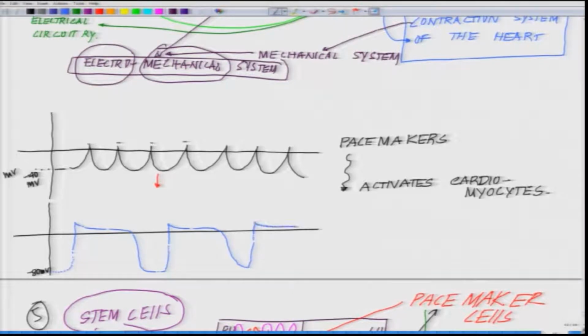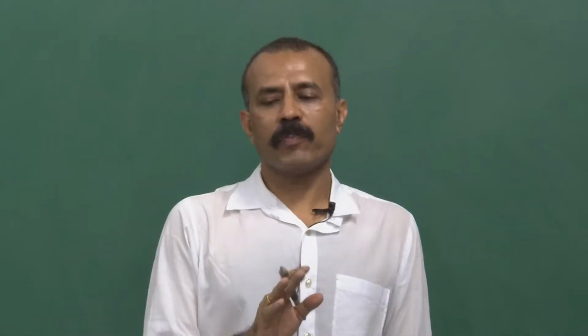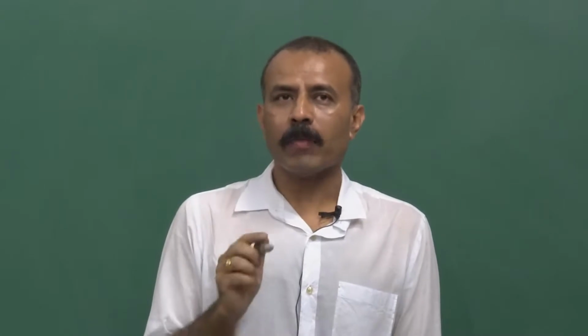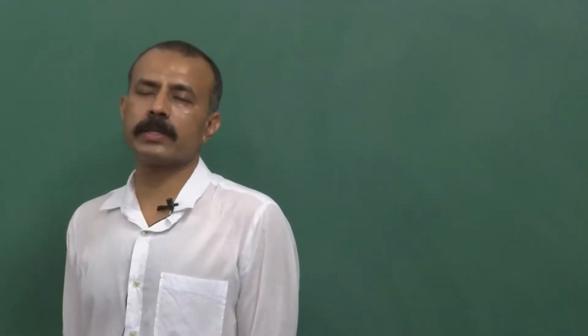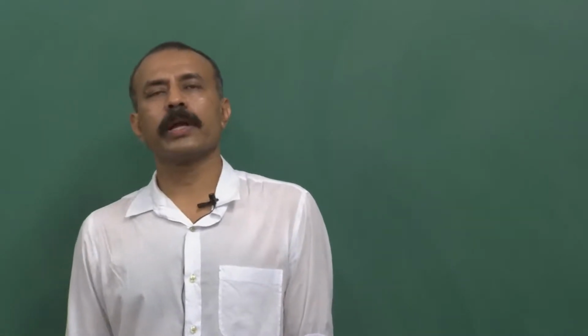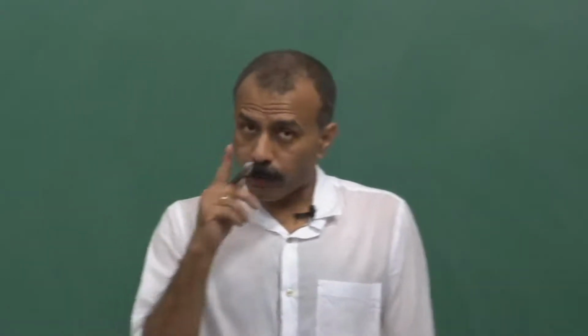Actually, if you follow me, the gap I have shown should actually be like this. Okay. So if you look at the shape of the action potential and from what resting membrane potential it is picking up, it will give you a very clear idea about at what resting membrane potential a cell will sit so that it can shoot an action potential spontaneously.